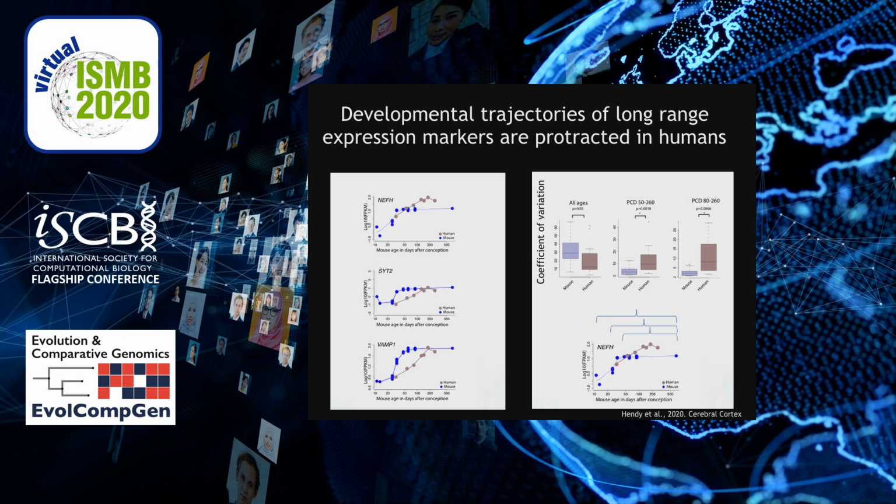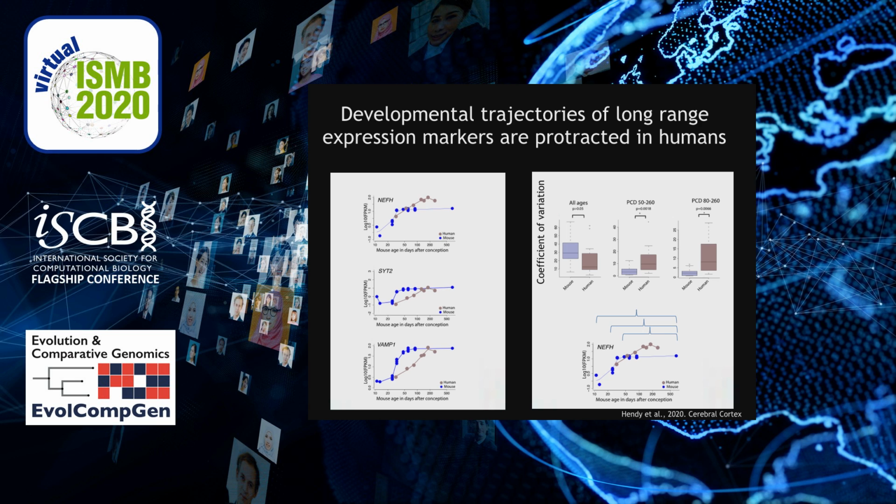So here's the coefficient of variation in humans in beige and mice in blue at all age ranges or only at late age ranges, and you can see that the coefficient of variation is significantly higher in humans than in mice, but only at late stages of development, suggesting that the expression of genes linked to these projections that are connecting different cortical areas are protracted in humans compared with mice, even after controlling for variation in developmental schedules.